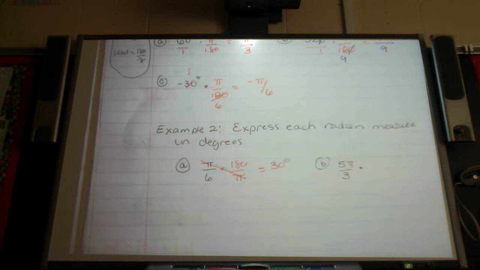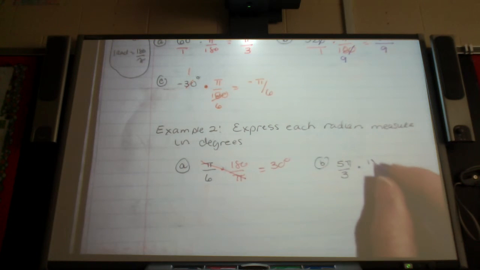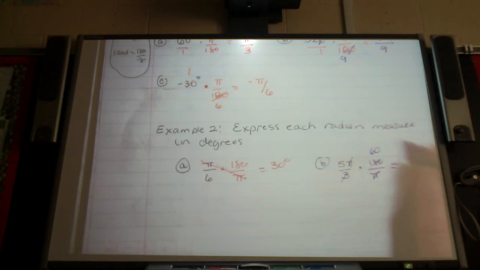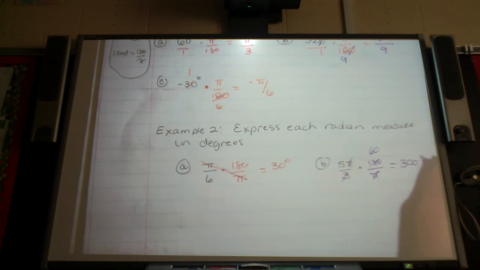So 5 pi over 3 we multiply by what? 180 over pi. Pi's cancel. Reduce here to give me 300 degrees.